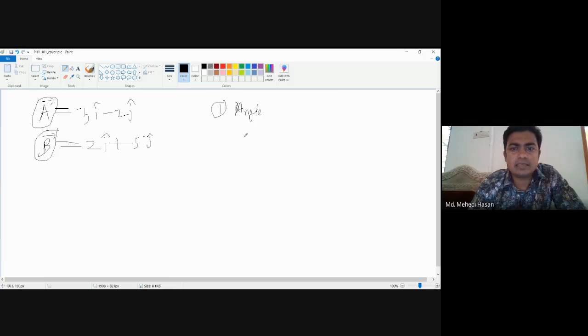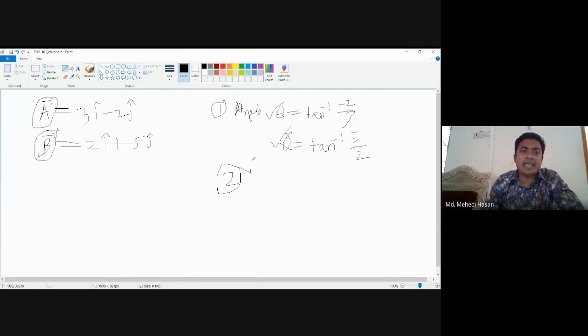In this case theta will be tan inverse minus 2 by 3 for vector A, and for vector B theta will be tan inverse 5 by 2. So this is the procedure to find the angle produced by a single vector with the positive x-axis. Now say question B is given: find out the angle between vector A and B.